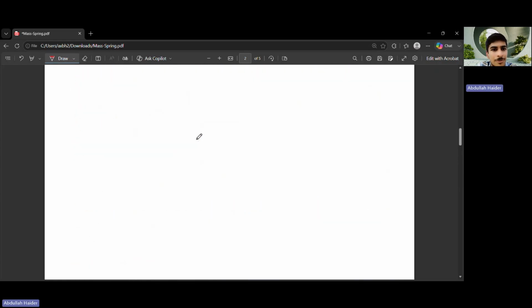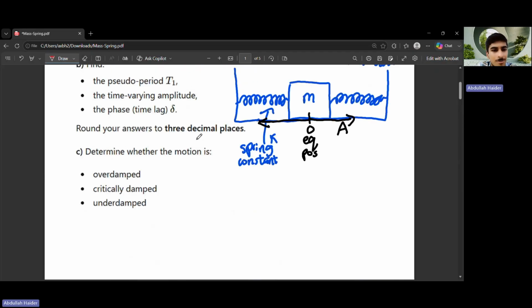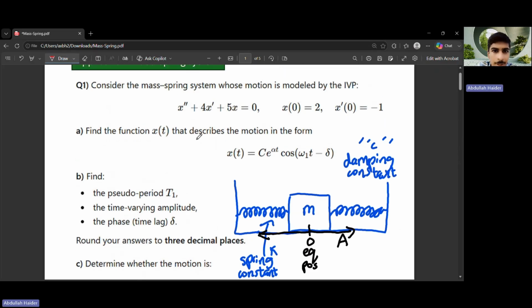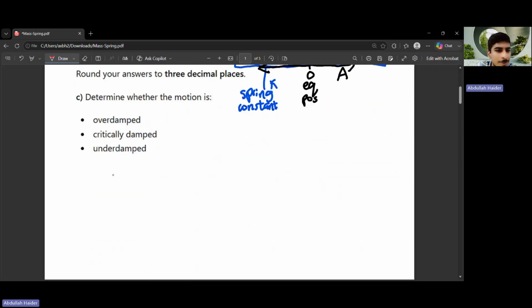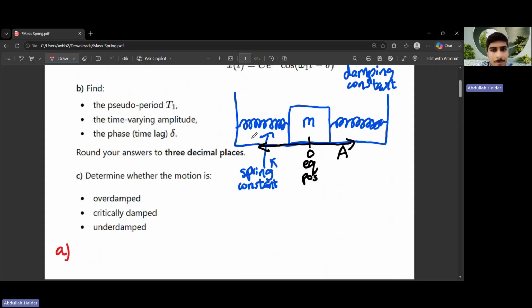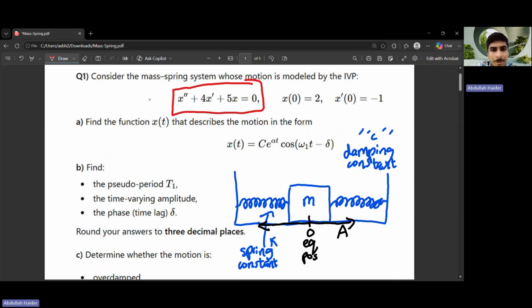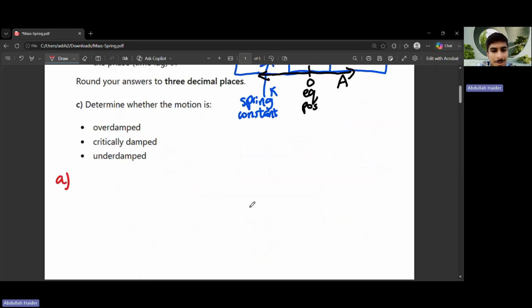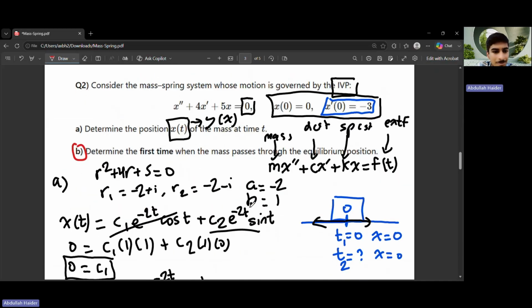And now we can move to the advanced one. So basically, the equation is the same as how we did it, but the initial conditions are different. So let's first find our x of t. We can use the same general equation from below.